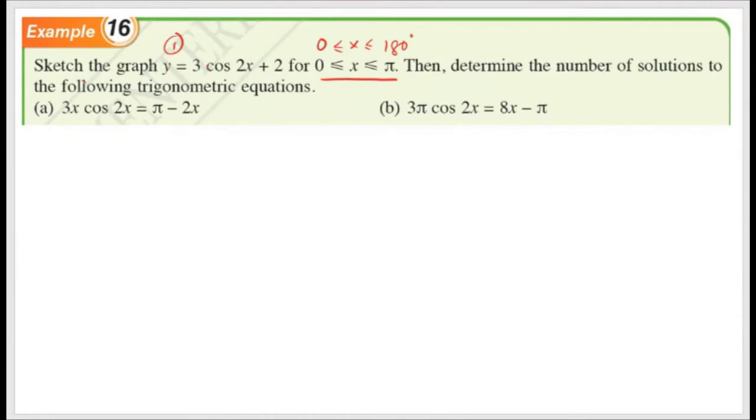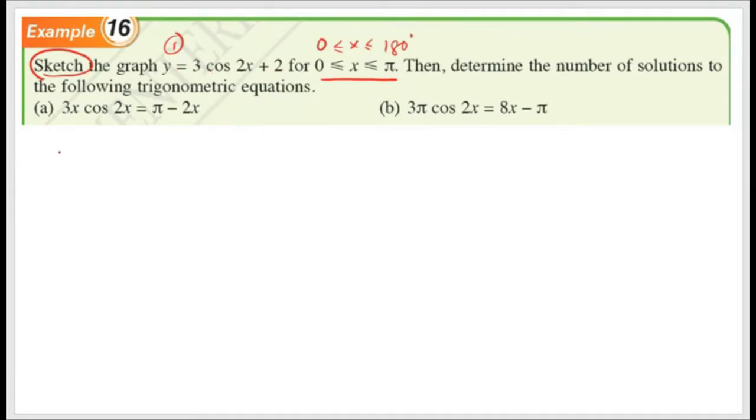So the first one, we sketch the graph first. Sketch means no need to draw on graph paper. We can just draw on white paper and just mark out. So y equal to 3 cos 2x plus 2.